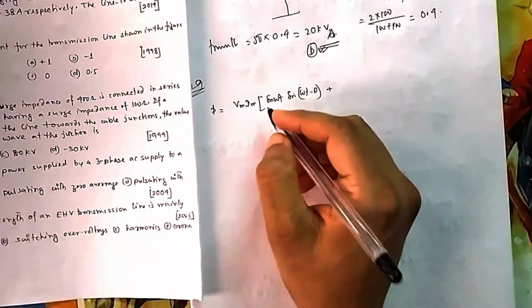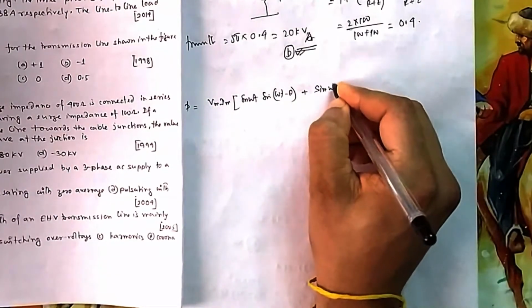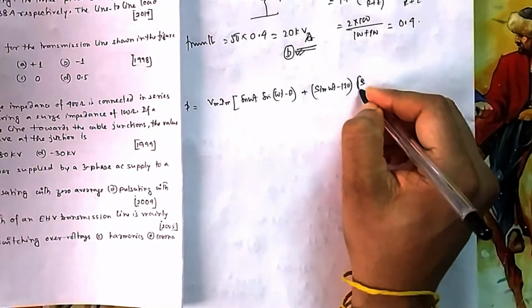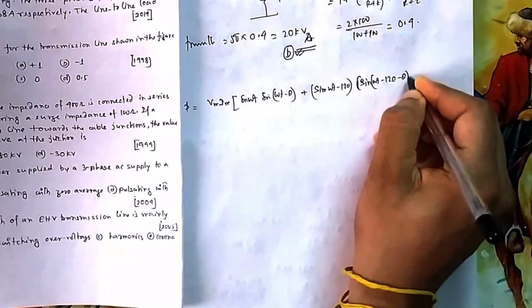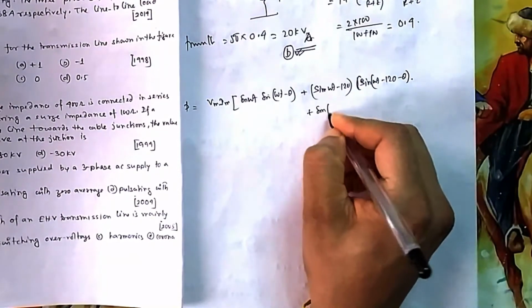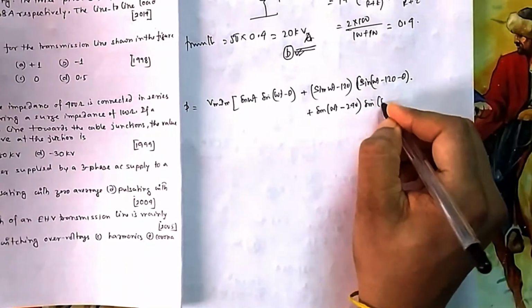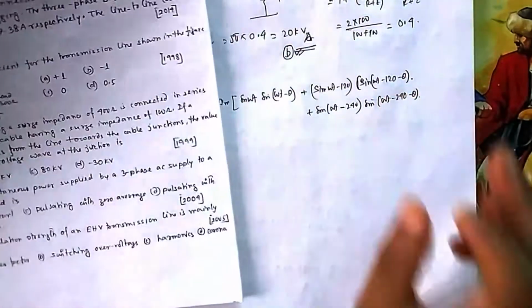For the second phase, suppose the first is phase A, so for phase B it will be Vm sin omega t minus 120, and for I it is Im sin omega t minus 120 minus that power factor angle, and the next one is Vm sin omega t minus 240 and Im sin omega t minus 240 minus the same power factor angle, because it is balanced.